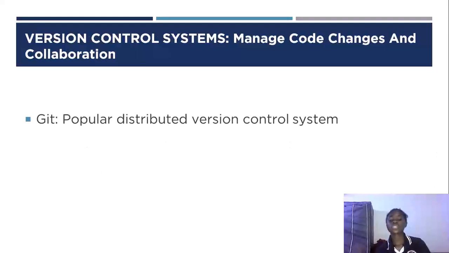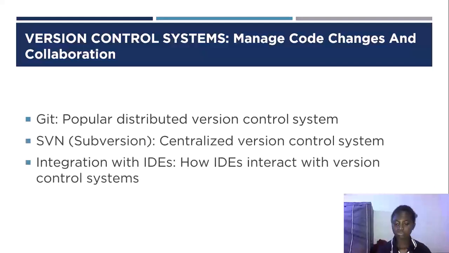Version control systems. Version control systems manage code changes and collaboration. Here are some types of version control systems. The first one is Git. Git is a version control system that allows developers to track changes made to their code.